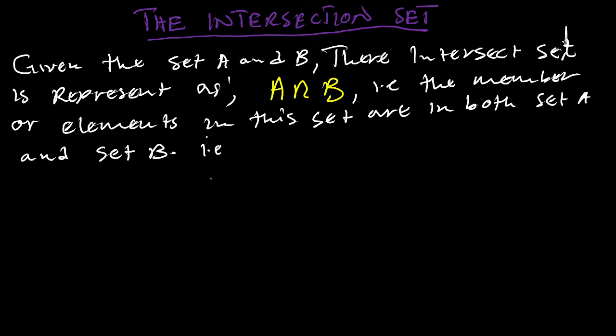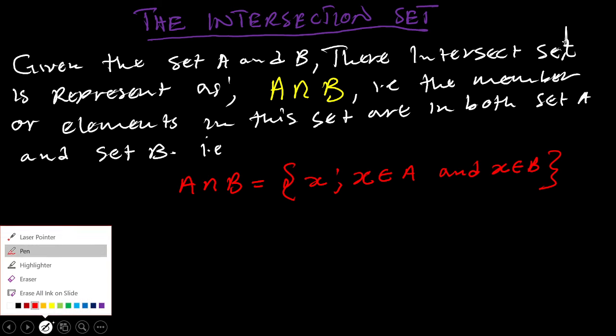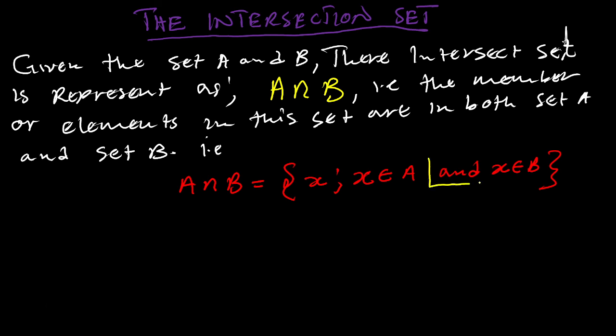So this A intersection B is written as brackets, X such that X is a member of A and X is a member of B. So this is how you present an intersection set, and this 'and' is what is representing intersection.